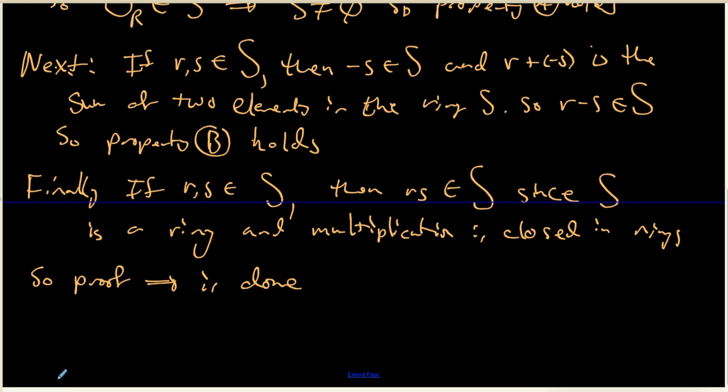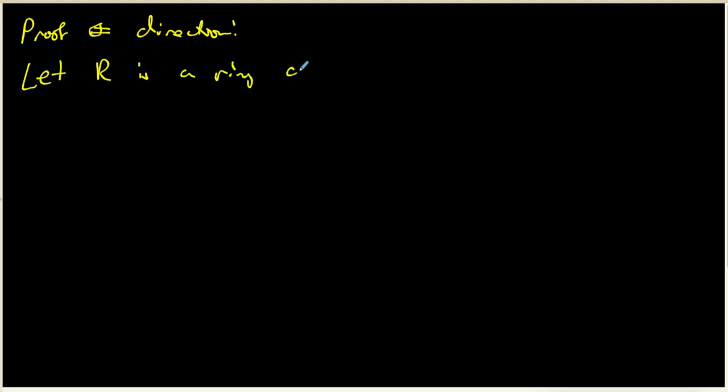So now what we need to do is turn our attention to the backwards direction. So now what we're going to do is the proof of the backwards direction. And in this particular direction, what we get to assume is that R is a ring, and S is a subset of R with the three properties.